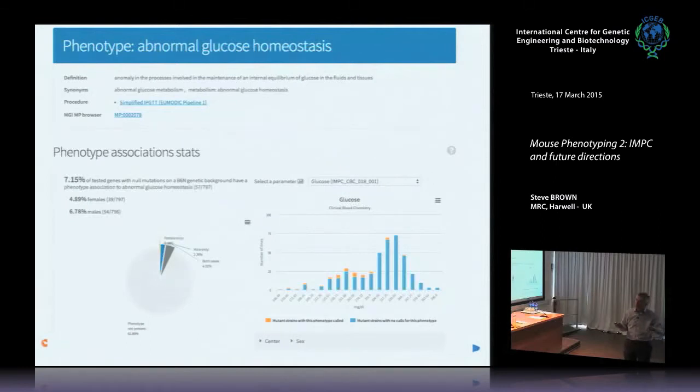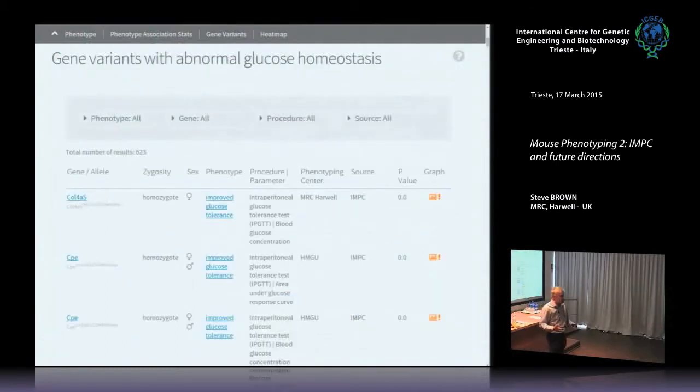You can go in and look for a particular phenotype, abnormal glucose homeostasis. You get summary stats across the whole of IMPC of how many genes have got abnormal glucose homeostasis. But you can go and actually just get the list of all the genes that have got problems with glucose homeostasis, from COL4A5 through CPE and so on and so forth.